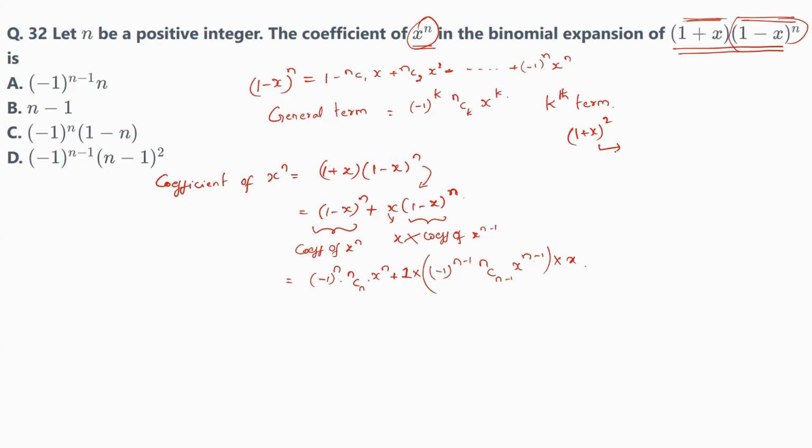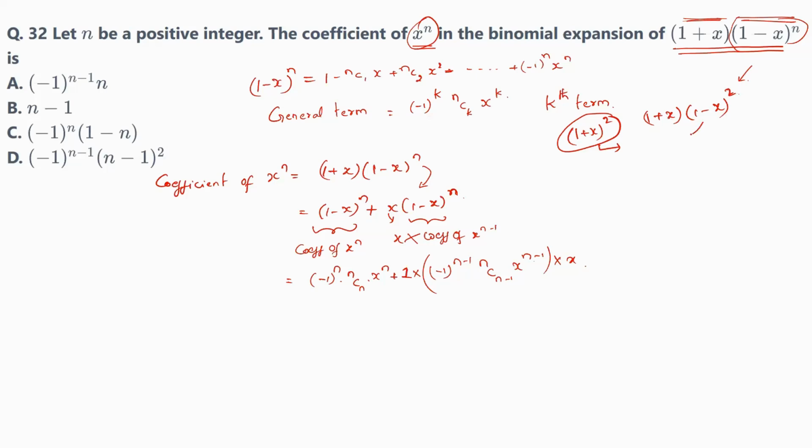Then what you will do? You will only look at the coefficient of x square here, right? Suppose I tell you that I do not want the coefficient of x square. I want to have the coefficient of x square in this one, x cube in this. Suppose here similar thing.